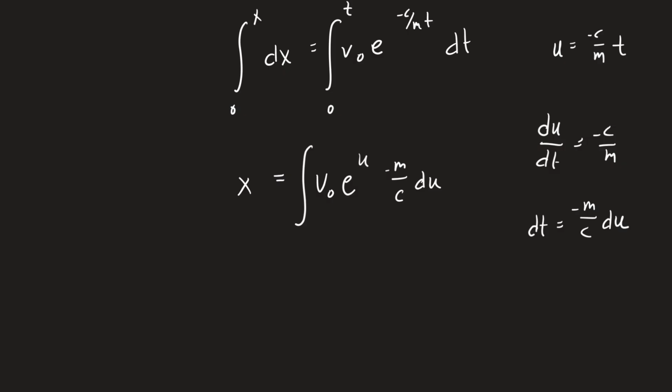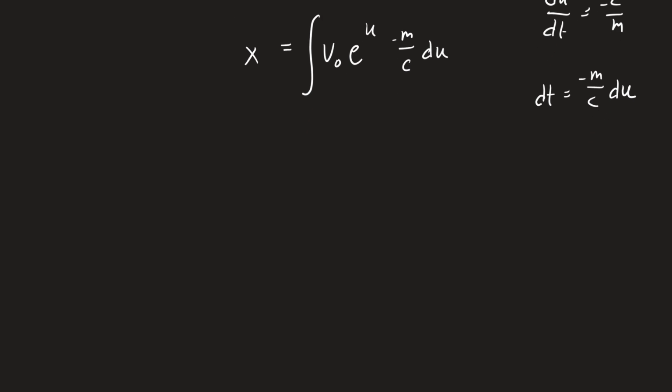And again, if you have to take this integral, there will be an integral table that has this exact integral on it, not with c over m, but just some other constant. And you would plug in the constant. But we'll do this anyways. Pull out my constants, v naught, m, c, and a negative sign. And in my integral is e to the u du. What is the antiderivative of the exponential?